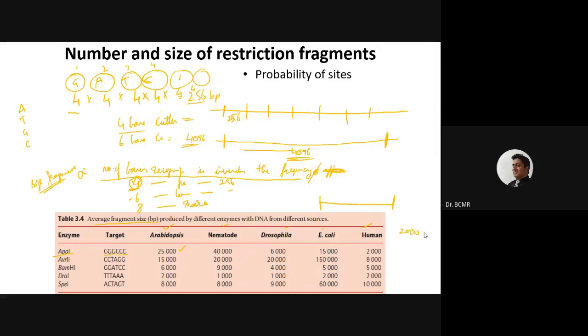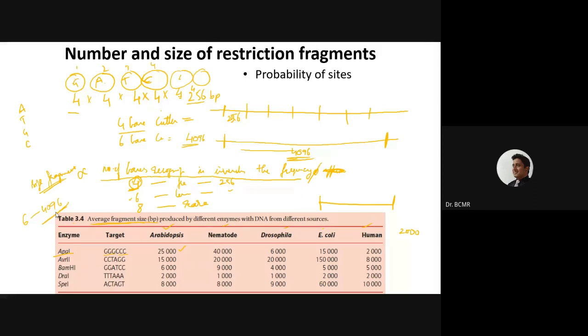Can anybody try to answer why this is the reason? I hope you understood the question. Here, this is the average fragment size. One would expect, say, for example, if it is 6 bases, about 4096 based on what we are discussing.